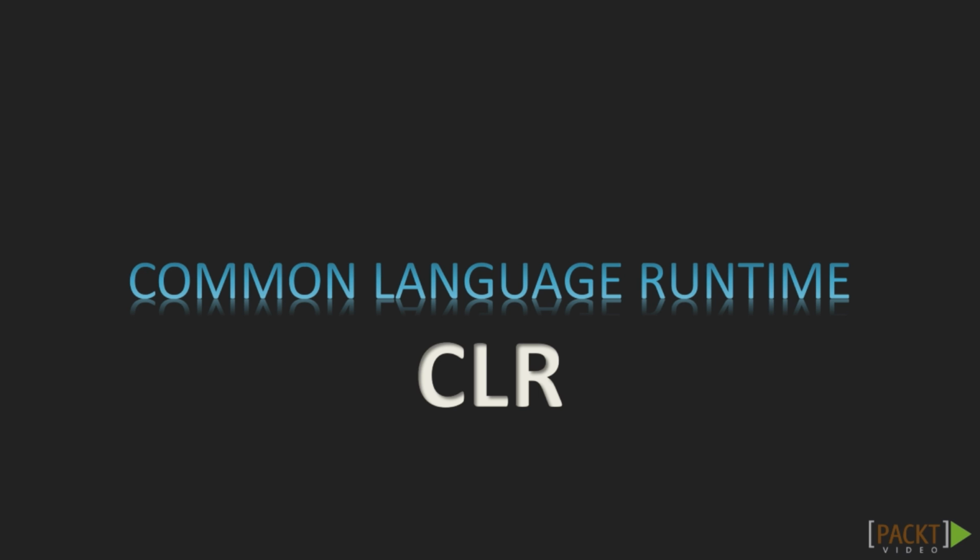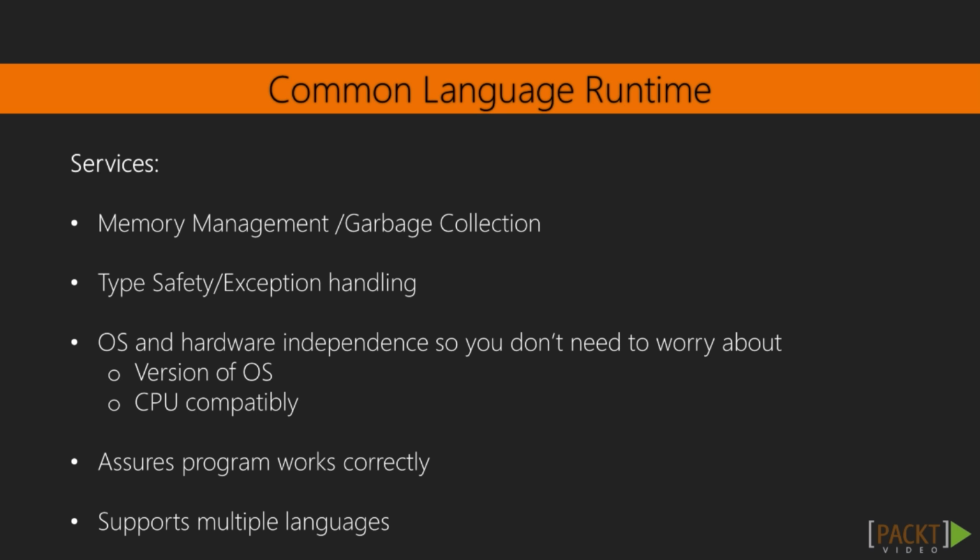Now, besides being able to write code in many different languages, there's lots of services that the CLR provides. Some of them include memory management and garbage collection, type safety and exception handling, communication with the operating system and hardware, so that you don't have to worry about that.